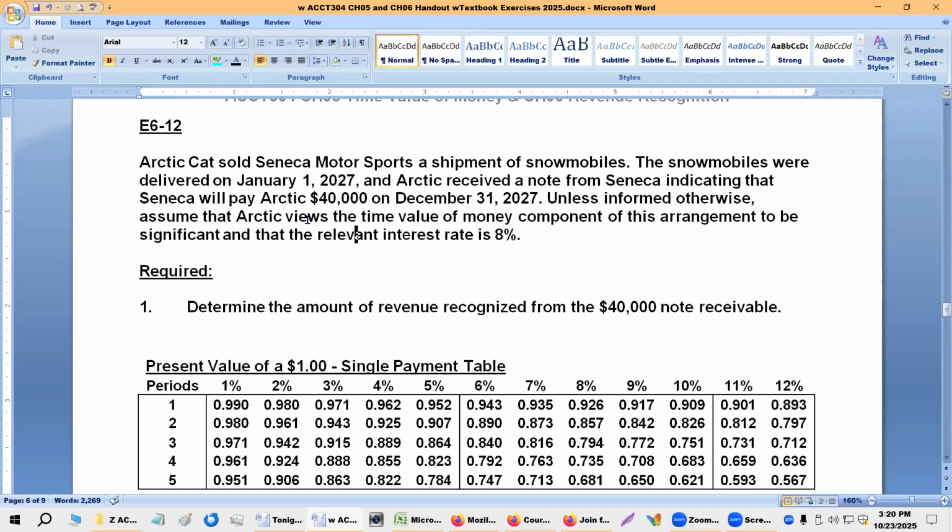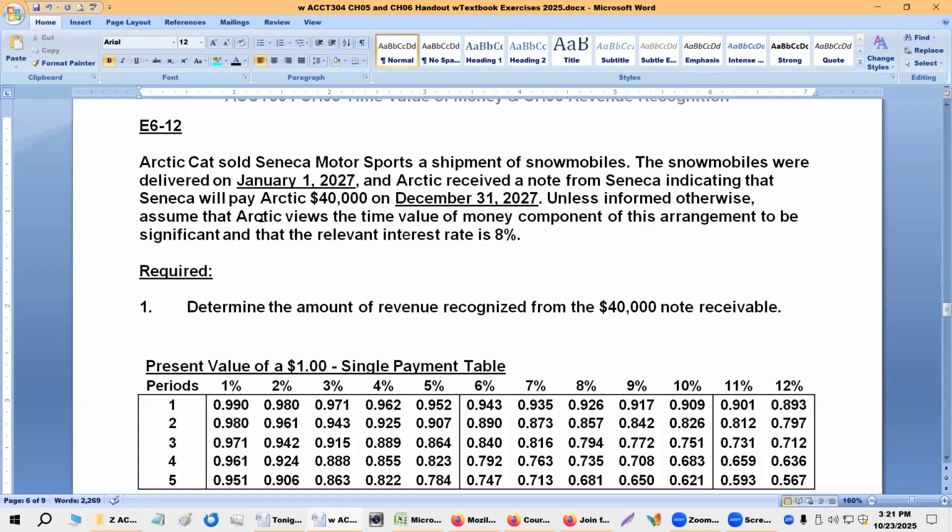Arctic Cat sold Seneca Snow Sports a shipment of snowmobiles. Snowmobiles were delivered on January 1st, 2027. By the way, the dates are usually important, especially when you get to the CPA exam. Make sure you look at the dates, what they actually are.